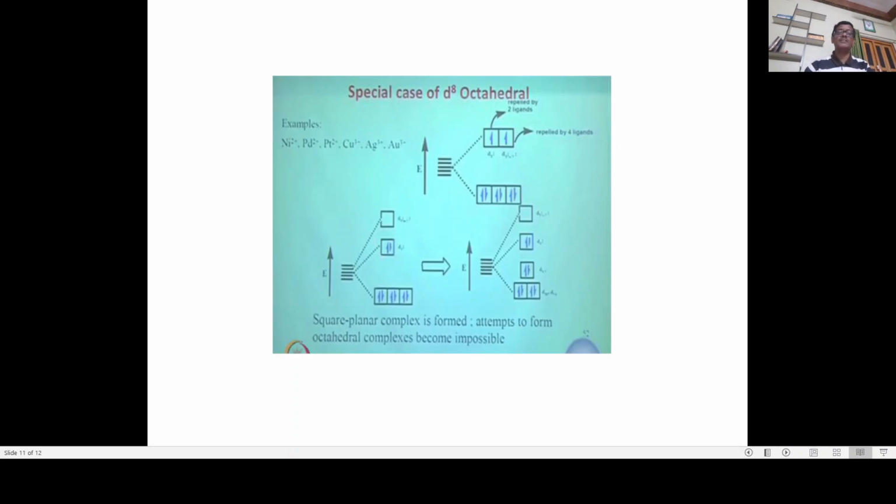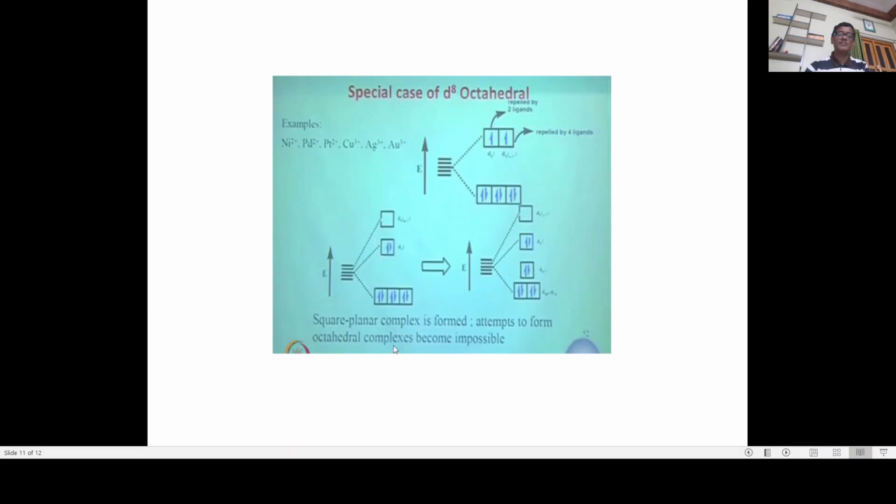A special case occurs with d8 octahedral complexes of nickel, palladium, platinum, copper, etc. There you can find dz square 1, dx square minus y square 1. It has been found that there is a splitting in this energy like this, and both dz square and dx square minus y square are completely filled like this, and a square planar complex is formed.